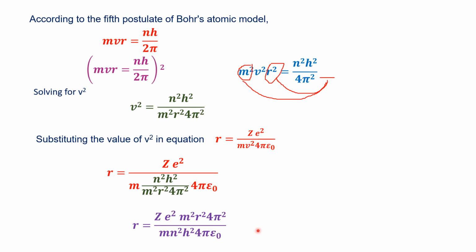Now solving it, we know that there are some common terms in it. m will cancel out with this square, r will cancel out with this square, 4 will cancel out with this 4, pi will cancel out with this square.